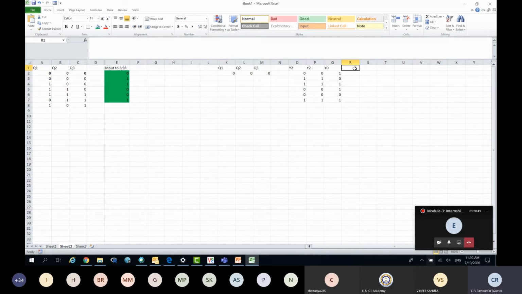So the outputs from the full adder are sum and carry. The sum is the XOR of these three guys, right? Maybe I can write carry and sum.